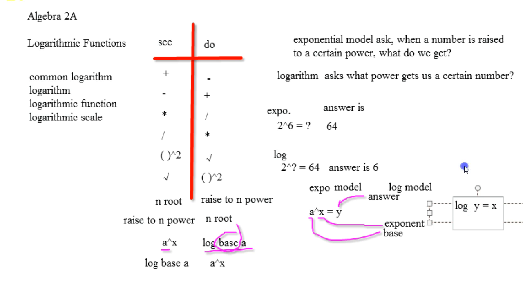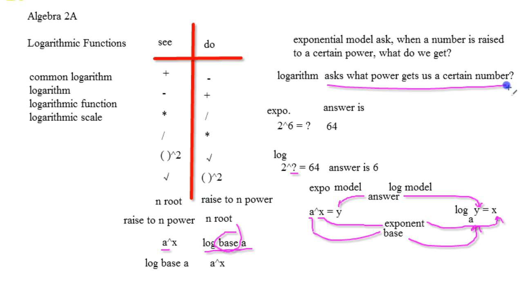I'm going to put an A right here, and this is typically where it goes. Log base A. Okay, so the base goes down here. The answer moves right here, and the exponent moves to the other side of the equation. Because remember, logs are asking what power gets us a certain number. So if the power is the answer, then I better put the exponent over here. Okay, so I move the base next to the log, I put the answer right here and just work with it.